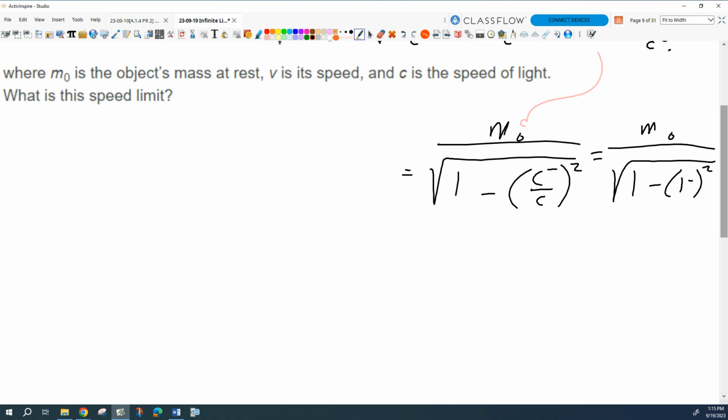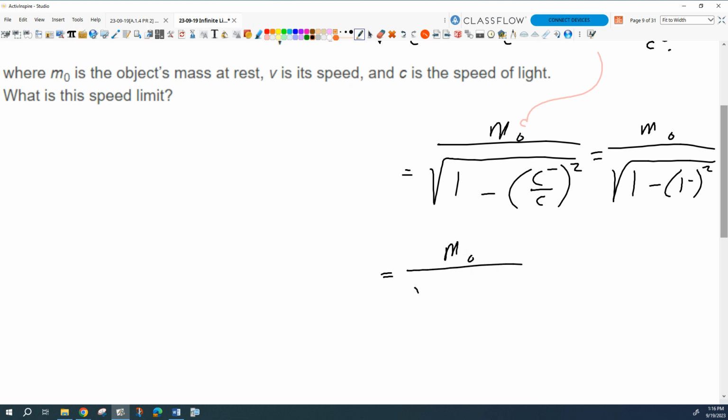And what is 1 minus squared? Like 0.9 squared is 0.81, right? Okay, so what's happened if I've got a number very, very close to 1, slightly less than 1, and I square it, I end up with a number slightly less than 1 still, right?